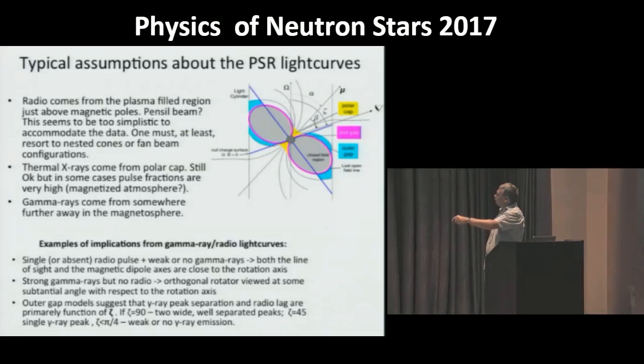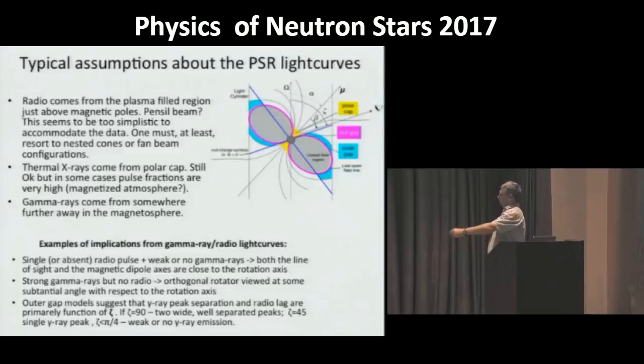Then there are some conclusions that are kind of robust, maybe even regardless of the exact model of magnetospheric emission, right? A single radio pulse and weak or no gamma rays imply that the line of sight and magnetic dipole axis are close to the rotation axis. If you see strong gamma rays, no radio, you're probably viewing an orthogonal rotator at some substantial angle with respect to the rotation axis. Orthogonal rotator means alpha is 90 or close to it.